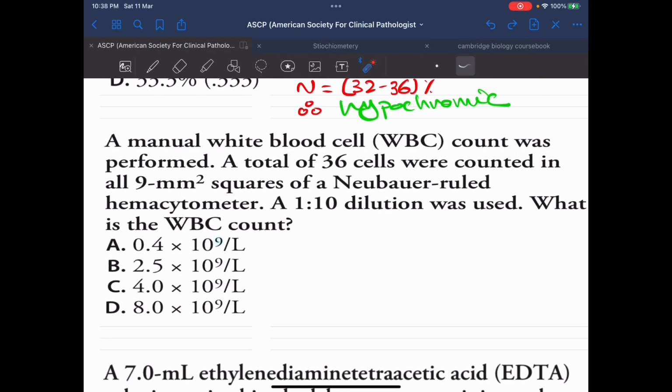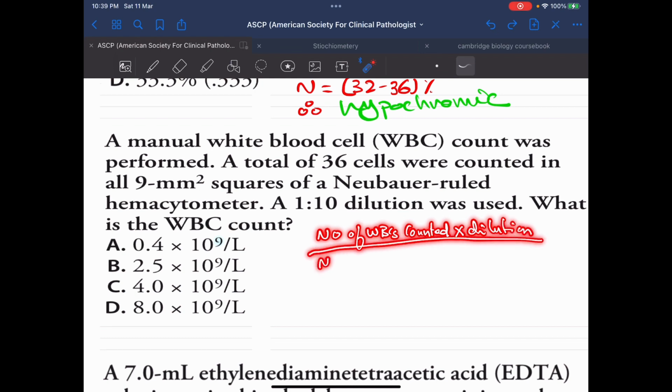So the equation to be used is number of white blood cells counted multiplied by dilution and divided by number of squares counted, multiplied by area.